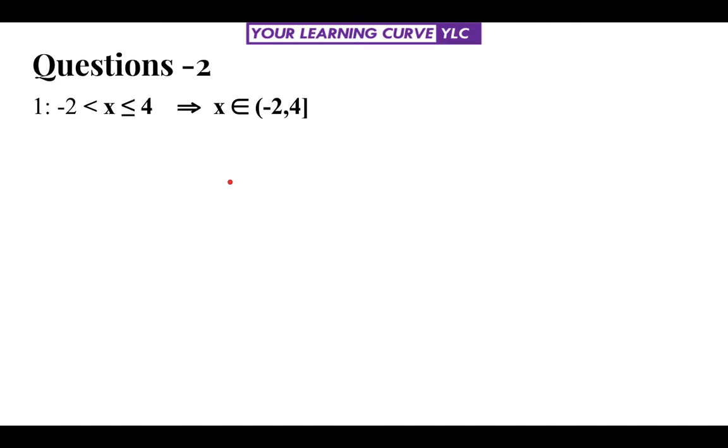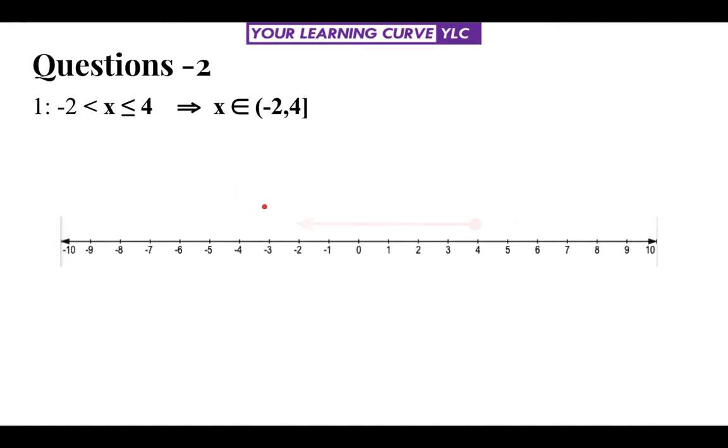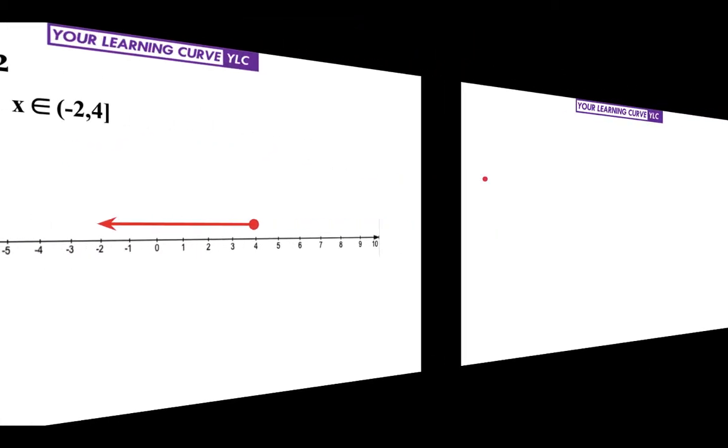Remember, you first decide the interval, that is minus 2 to 4. Then you decide whether endpoints are to be included or excluded. Here the interval is minus 2 to 4. Minus 2 is to be excluded, so put an arrow. 4 is to be included, we put a filled circle.